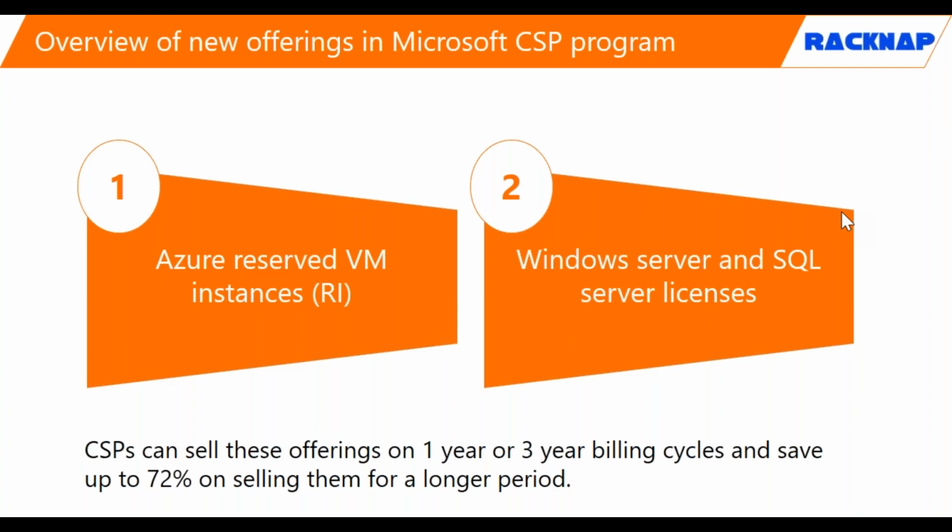But what Microsoft has done recently is it has actually brought that under the CSP program, whereby if a customer is able to buy reserved instances and able to use some of his existing licenses, it is giving him a hybrid benefit option of additional discounts as well. So in effect, Microsoft's reserved instances and the software subscriptions under the CSP program are the couple of items which we will walk through in a bit more detail during these discussions.